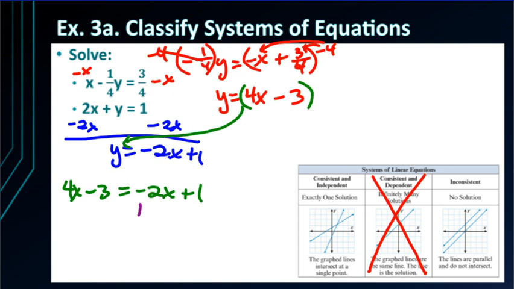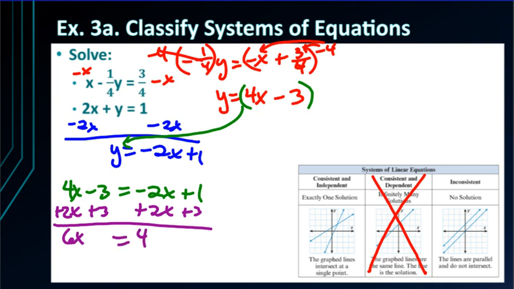To get all my x's to one side, I'm going to add 2x. And then I'm going to add 3 to both sides. So now I have 6x equaling 4. To get x by itself, I divide by 6. X would equal, reduced, so divide this by 2 halves, would be 2/3.